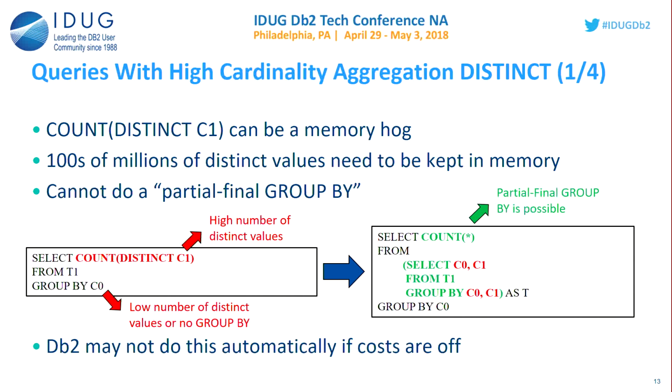In the column engine, we use a hash table to do the aggregation. So for each C0 value, we'll have a set of entry points in the hash table, which gives you an idea of how many distinct values are there in C1. Now, if you have an extremely high number of distinct values in C1, let's say 500 million distinct values, and C0 is a very low cardinality column.